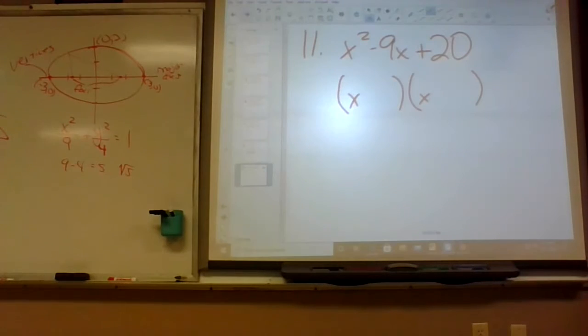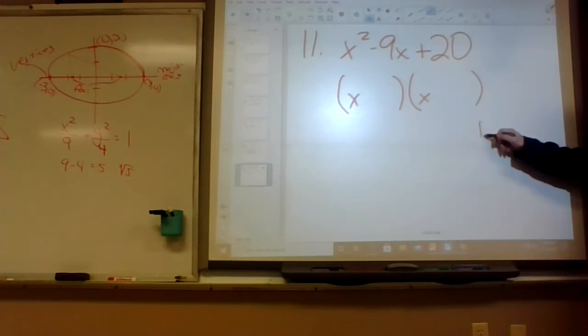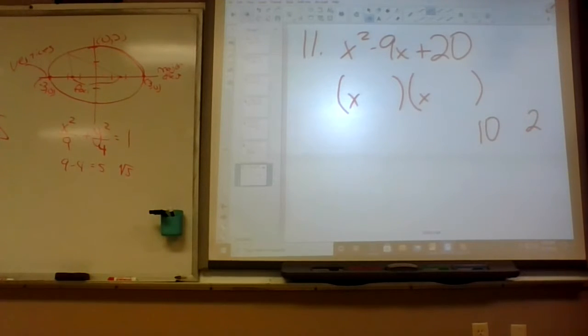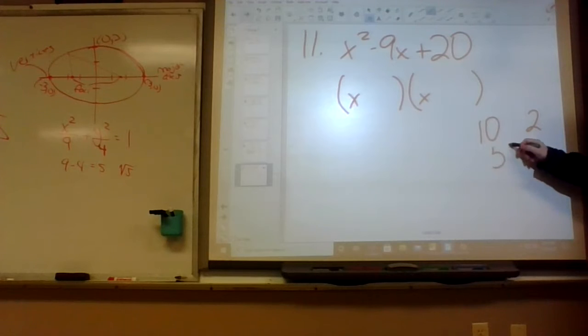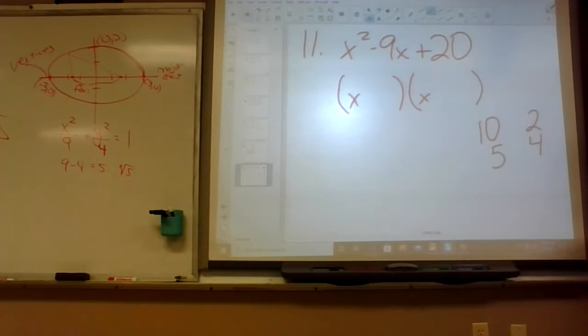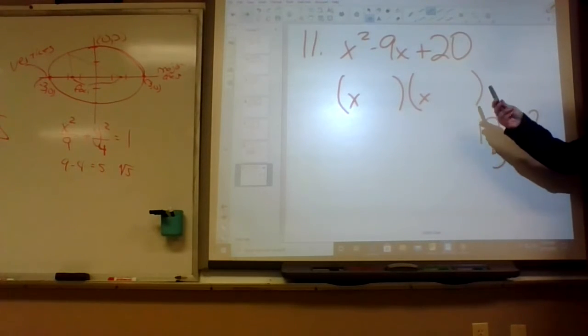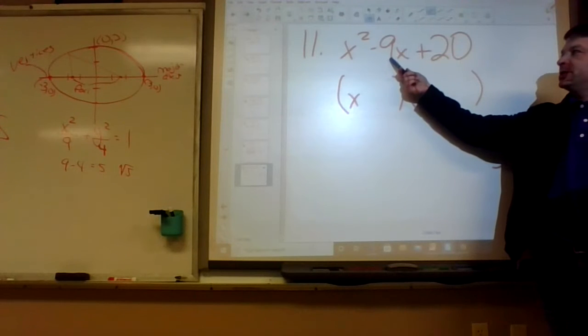What can multiply into 20? 10 and 2. What else? 5 and 4. Yeah, 5 and 4 add up to 9, so what do we need? Negative 5 and negative 4.